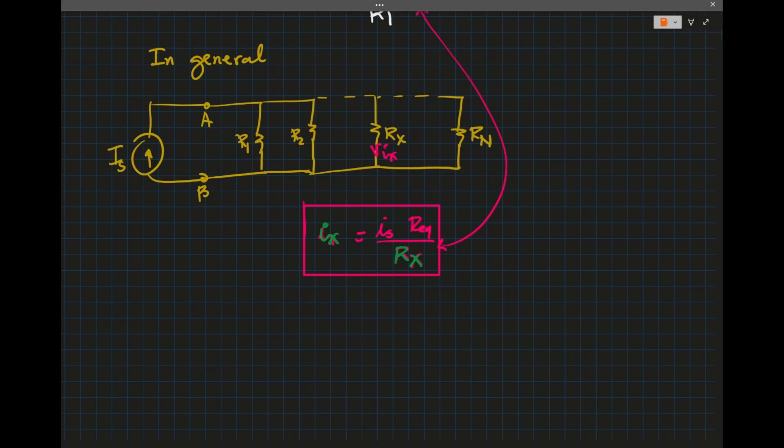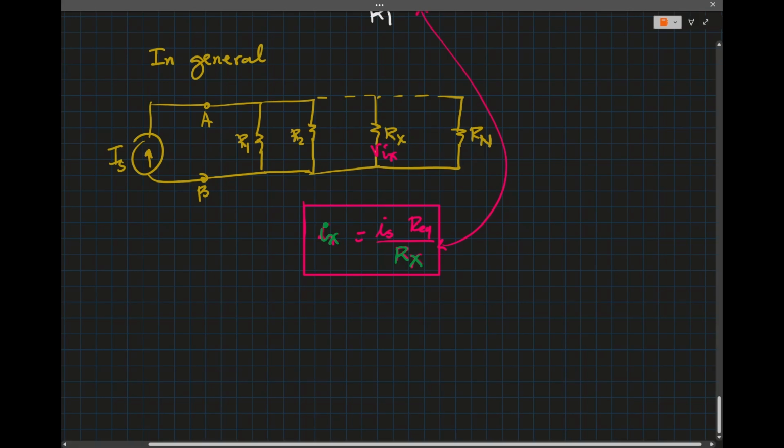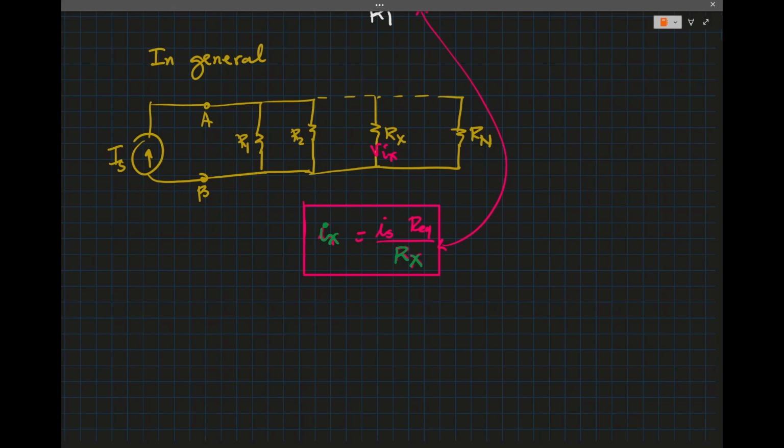When you have resistances in parallel, if we can find the equivalent resistance, then we can find the current through each of the elements.